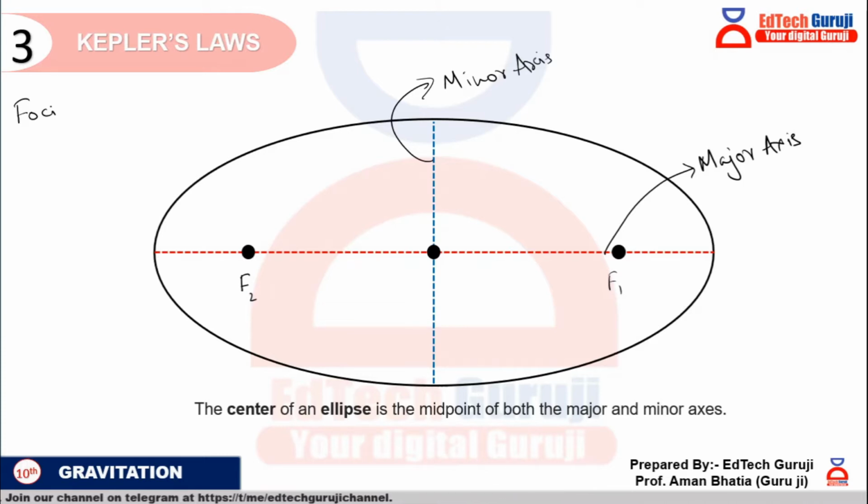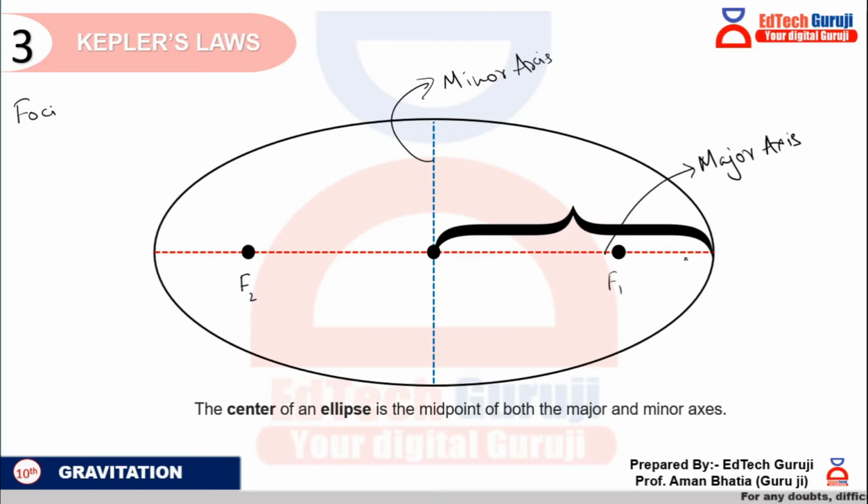Now, guys, please pay attention to these concepts, very important. Let us say this distance, from one end to the center. Can I say this is half of the major axis?